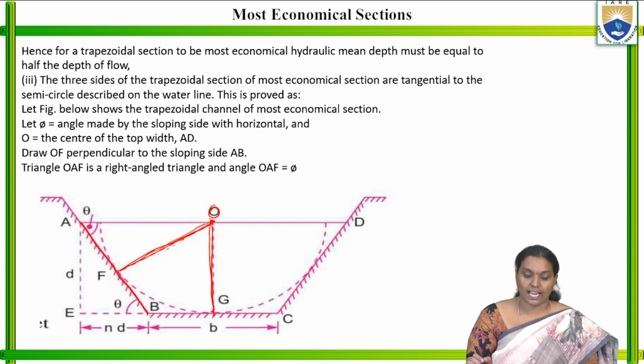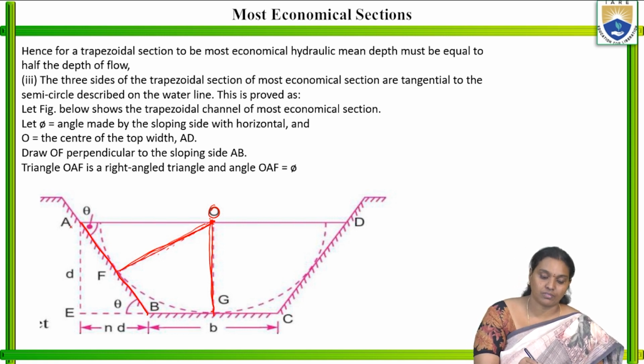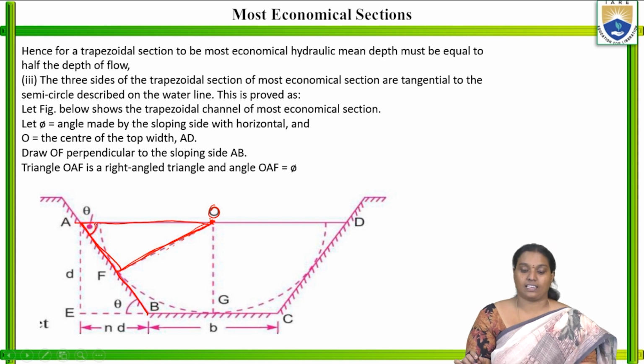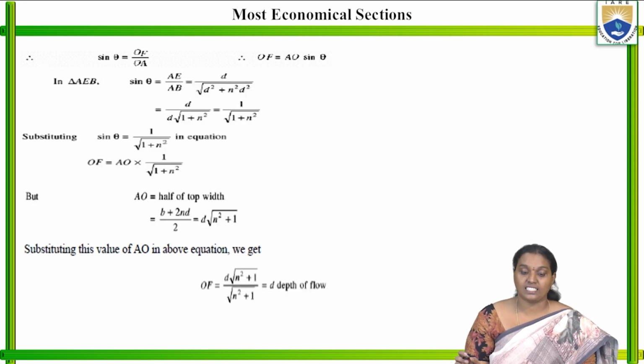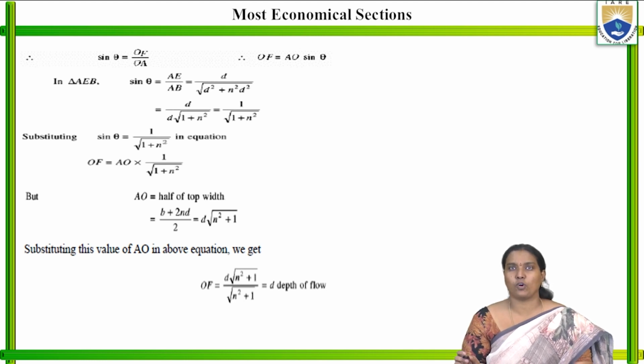So triangle OAF, this is OAF, makes an angle theta. It's a right angle triangle. So in this, sin theta is equal to OF by OA. OF is equal to AO sin theta.